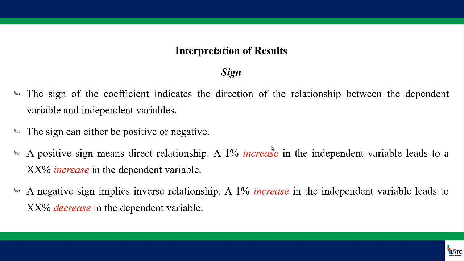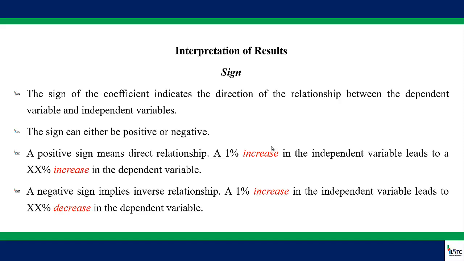When it gives you negative, that's minus. When it gives you plus, that is positive. And what does a positive sign mean? It means that there is a direct relationship between the dependent variable and that particular independent variable.